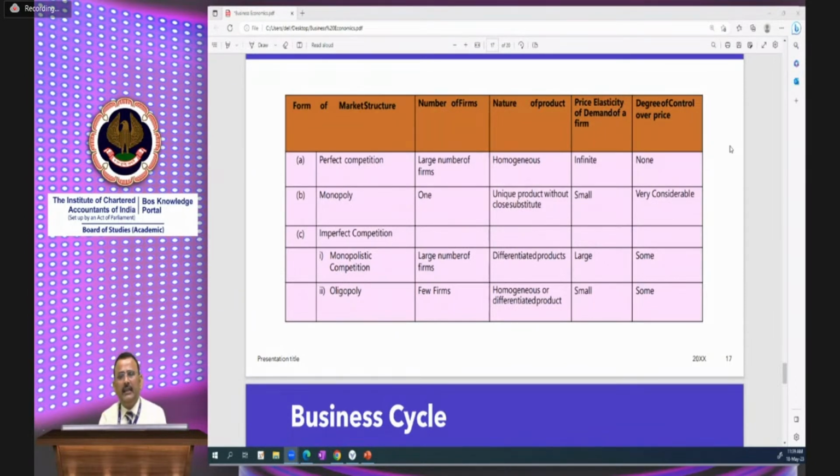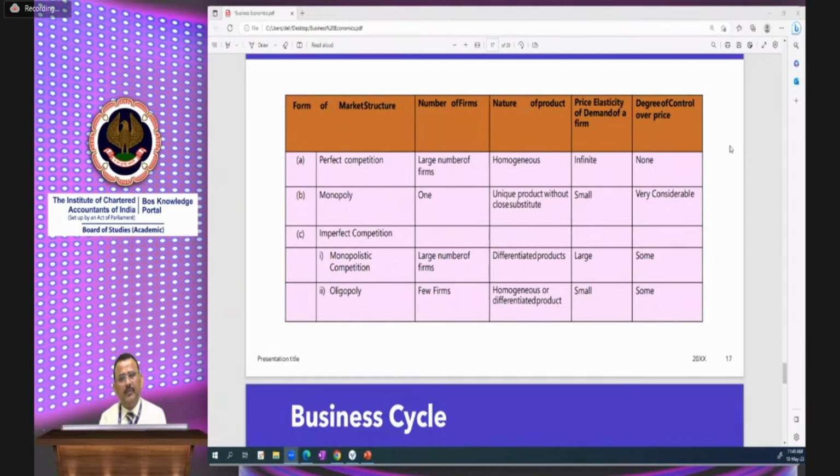Like in the case of perfect competition, there is a large number of firms producing a homogeneous product. Means you won't be distinguishing between the products that you are having. The price elasticity will be infinite and the degree of control over the price is none.